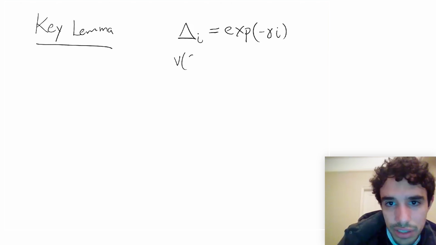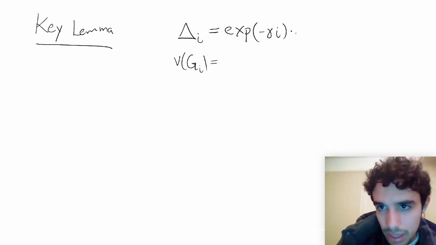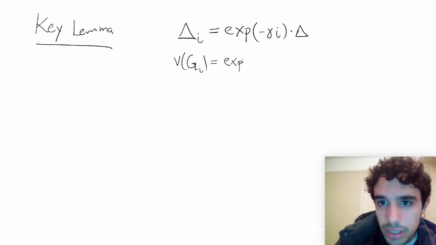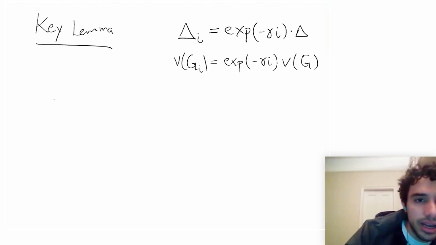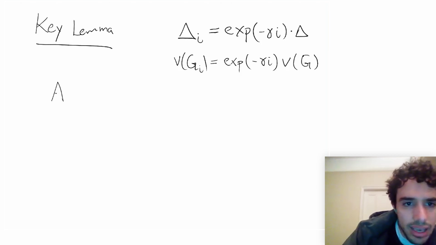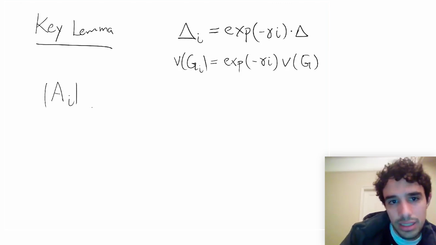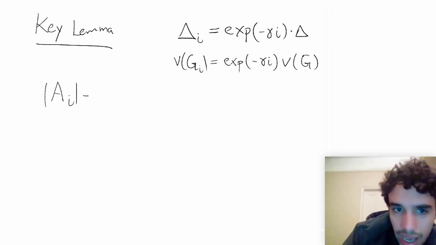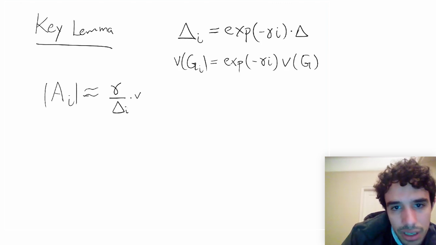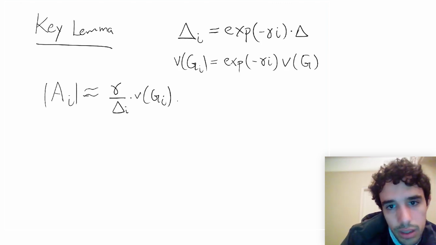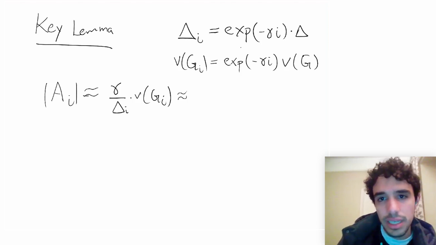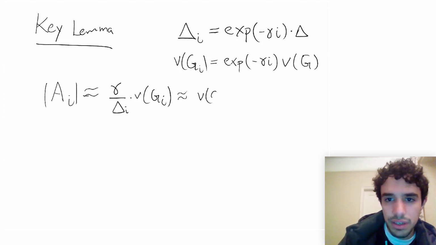And the vertices of G_i are also going to decay at the same rate, exponential of minus gamma times i times the vertices of G. So if A_i is a gamma over delta i random subset of the vertices of G_i, we know its size will roughly be gamma over delta i times the vertices of G_i. Which, since both of them are decaying at the same rate, will just be V of G over delta times gamma, right?